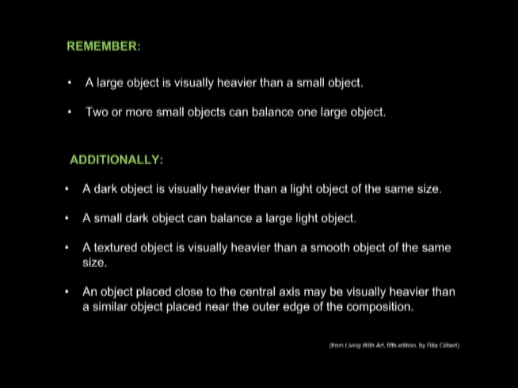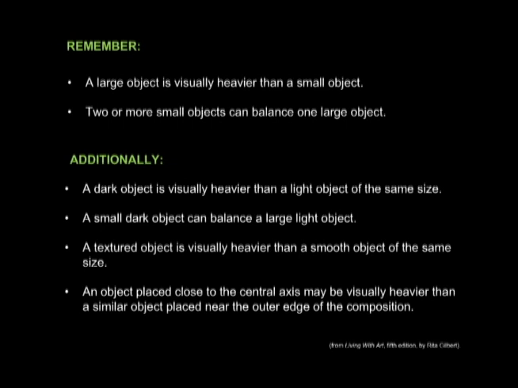Dark objects in general tend to be visually heavier than light objects of the same size. A small dark object therefore can balance a large light object. Textured objects generally have a heavier visual weight than smooth ones.